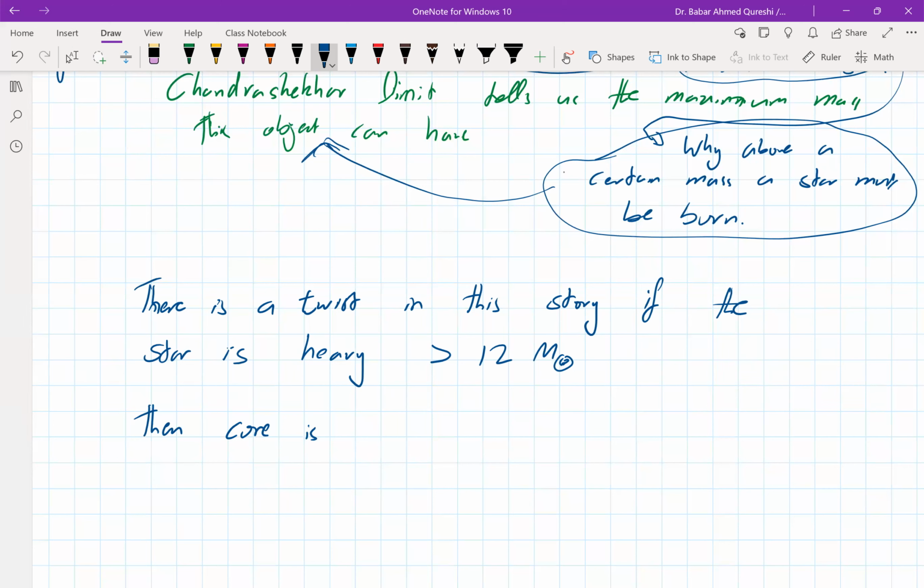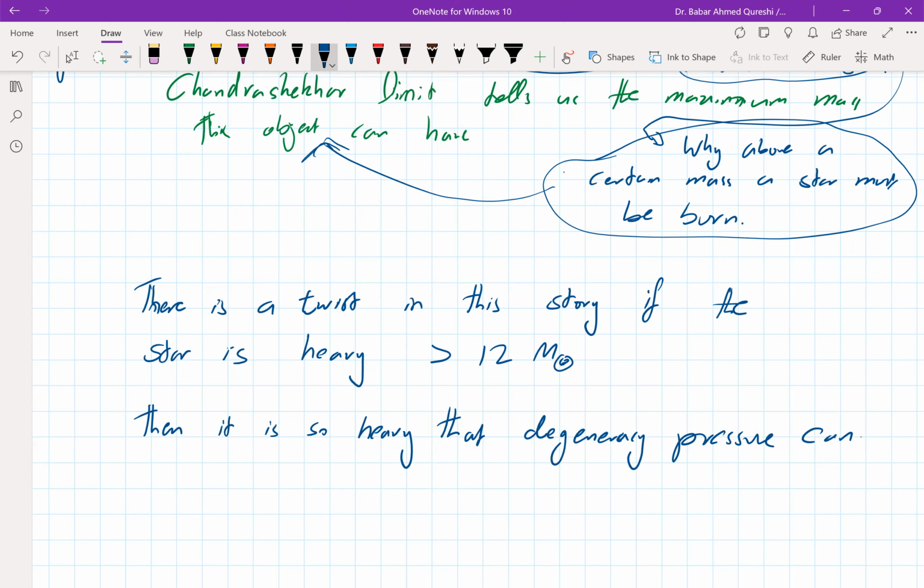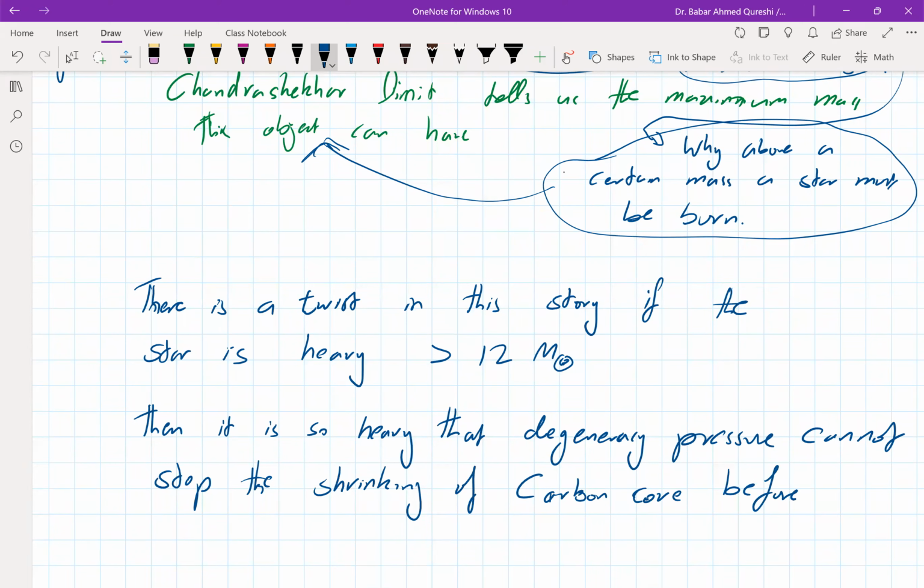Then the core is very heavy. Well, the whole star is so heavy that degeneracy pressure cannot stop the shrinking of the carbon core before it crosses, let's say, 500 million Kelvin.